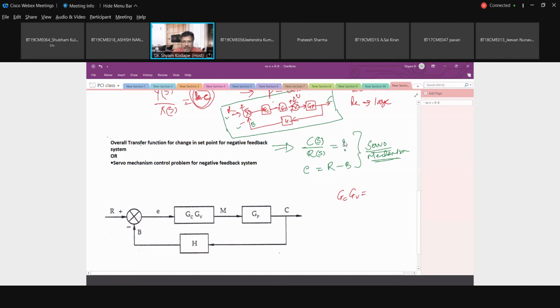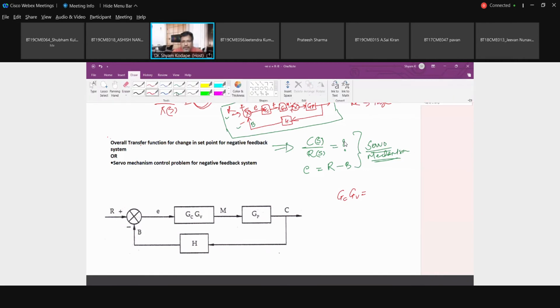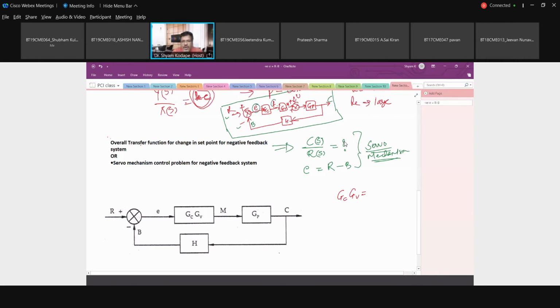This is my error, this is the manipulated variable, and say it is any f. This is e, this is f, and this is m. So what is the transfer function of GV? Output upon input: f is the output of GC and e is the input to GC, okay.